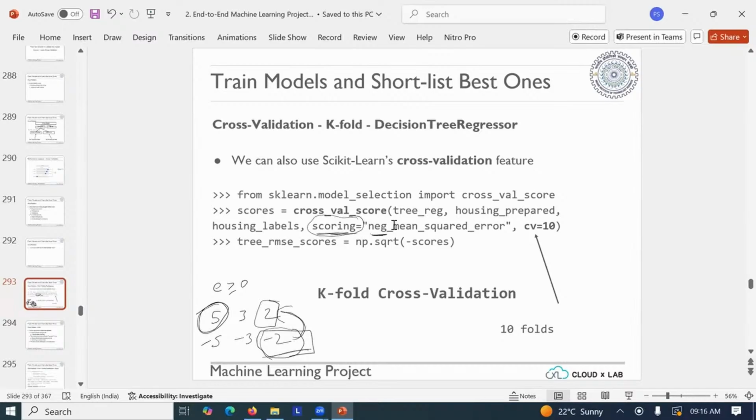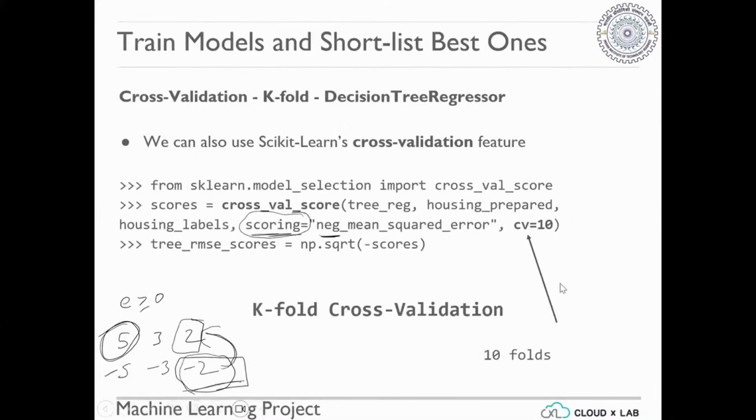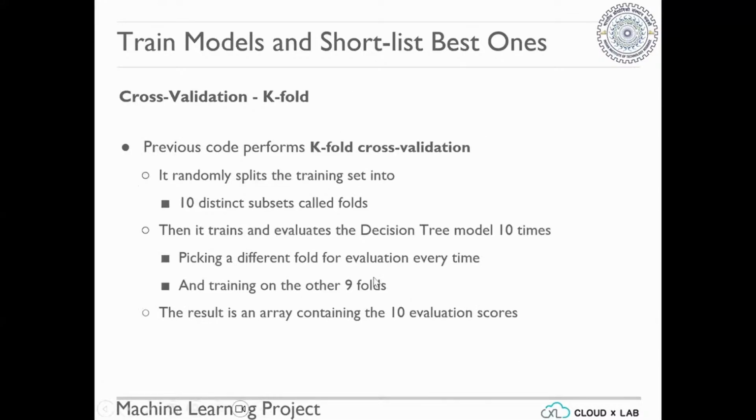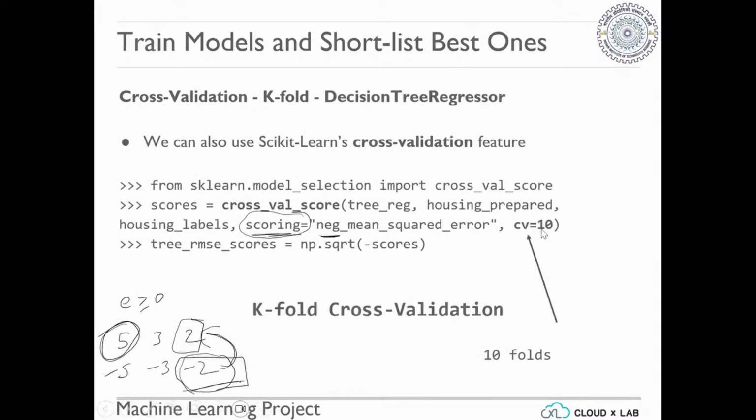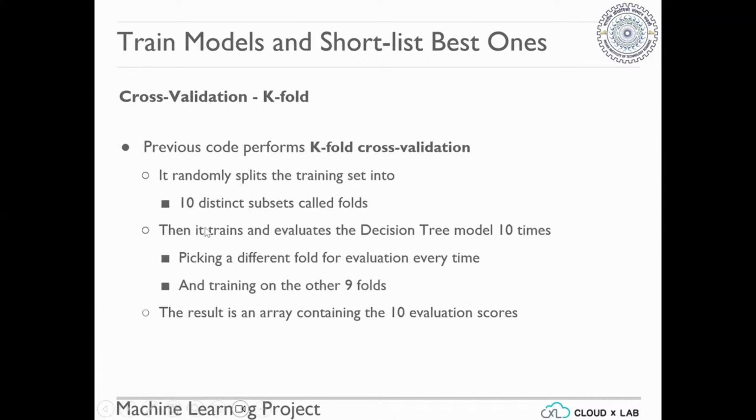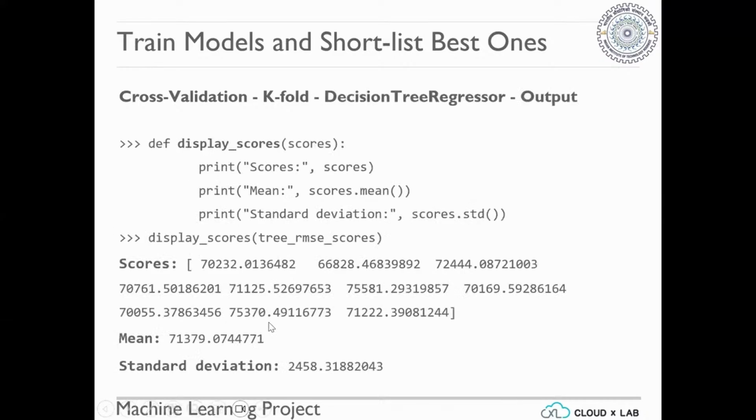Since we are using cross validation equal to 10, it will divide the data 10 times, train the model 10 times, and give you the average score.